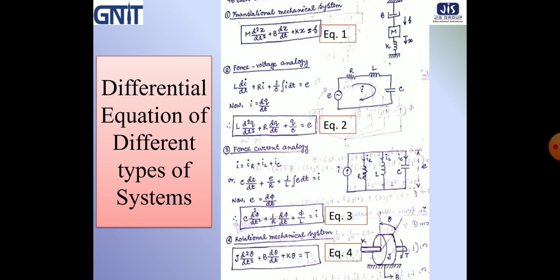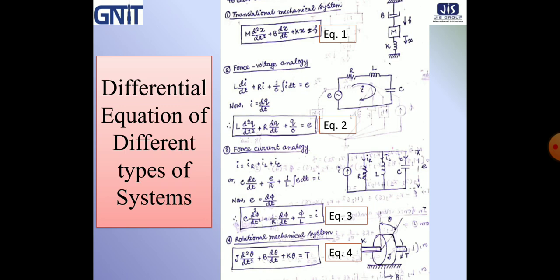Now here it is called force current analogy. Now why force current analogy? If we compare equation number 1 and equation number 3, then we can see that in equation number 1 it is force, and in equation number 3 it is I, that is current.